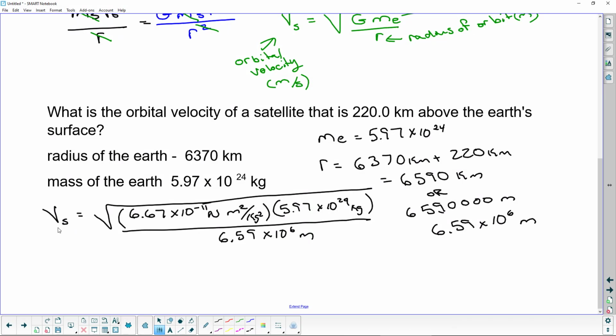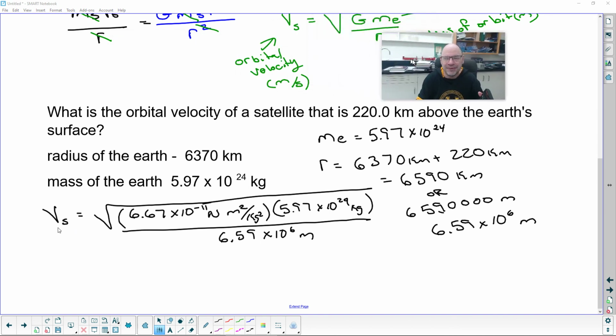Okay, take our calculator out, we'll do the calculation. So we're going to go 6.67 times 10 to the negative 11, times 5.97 to the power of 24, equals.